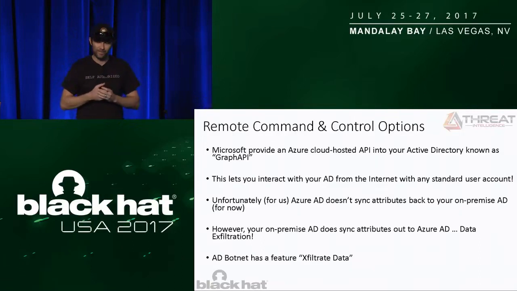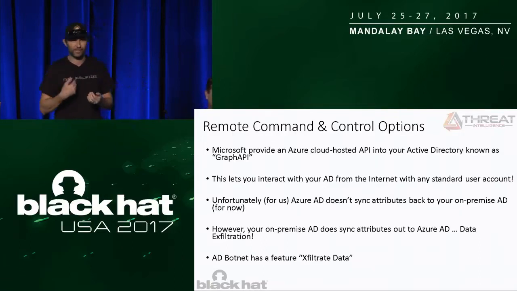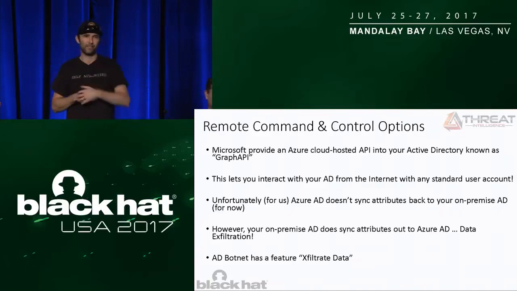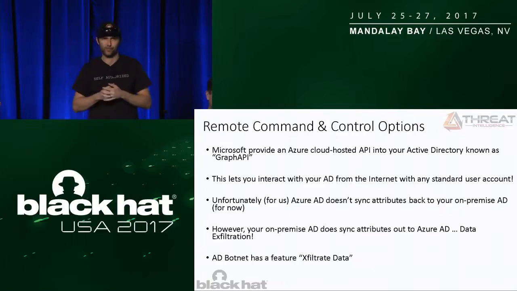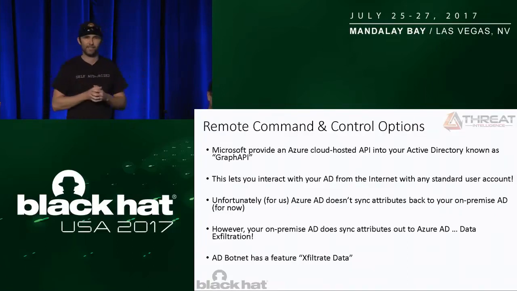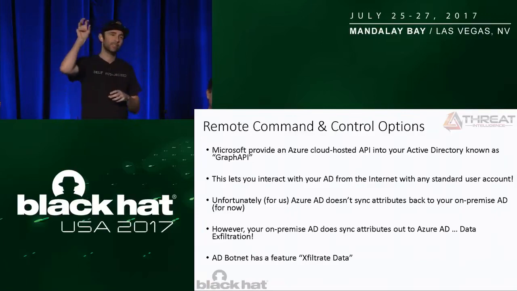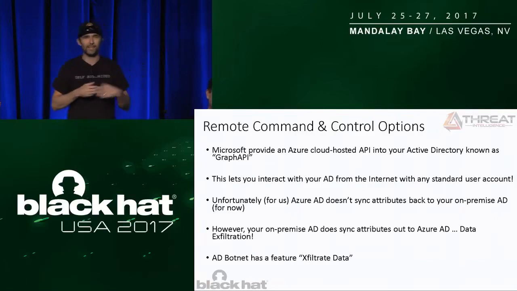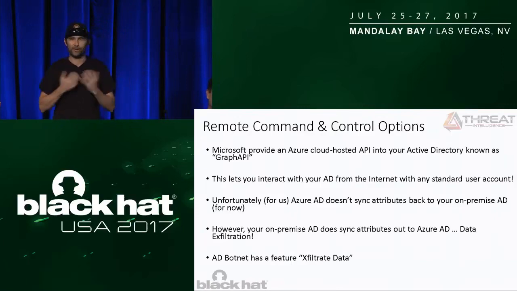Unfortunately, a couple of years ago, they disabled the user attributes syncing from Azure back to your on-premise environment. So that stopped us from getting the two-way communication channel through that. However, it does still allow on-premise AD attributes to be synced to Azure AD and then accessed through the Graph API.